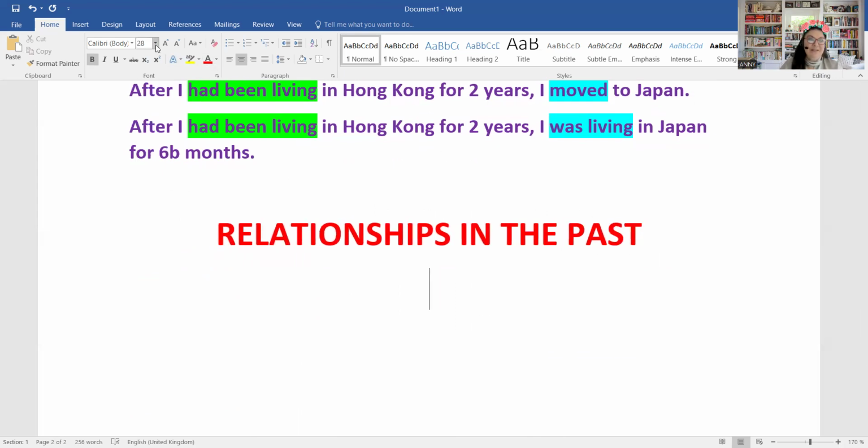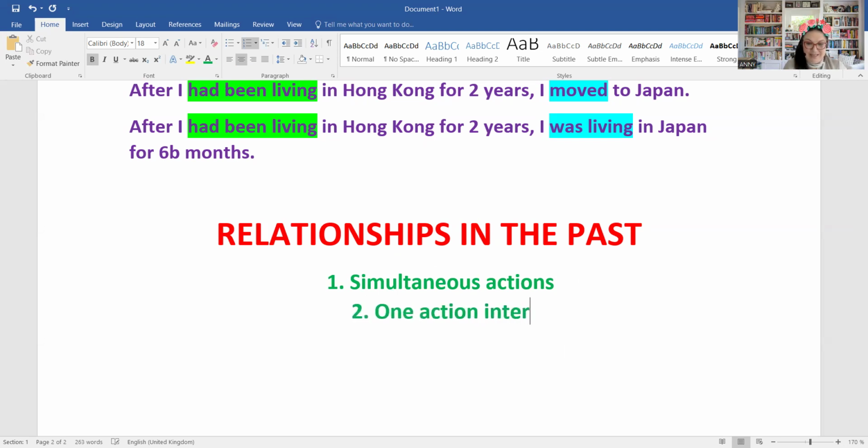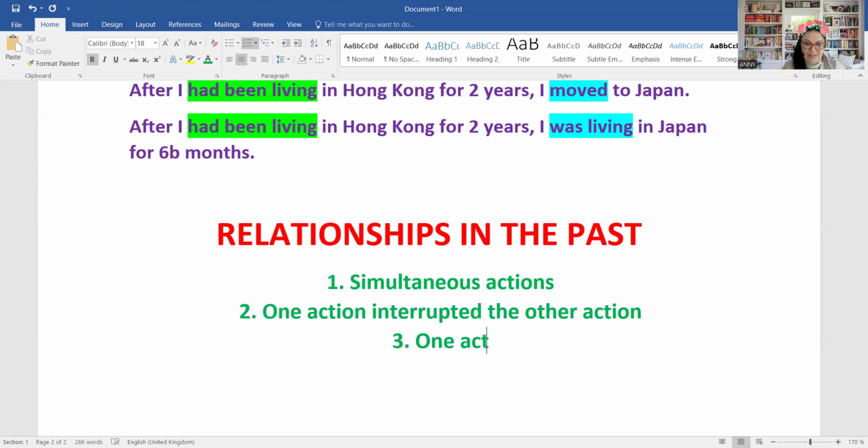There are different grammatical relationships between different actions in the past, and they can be, for example, simultaneous actions, or one action interrupted the other action, or one action older and one action younger.